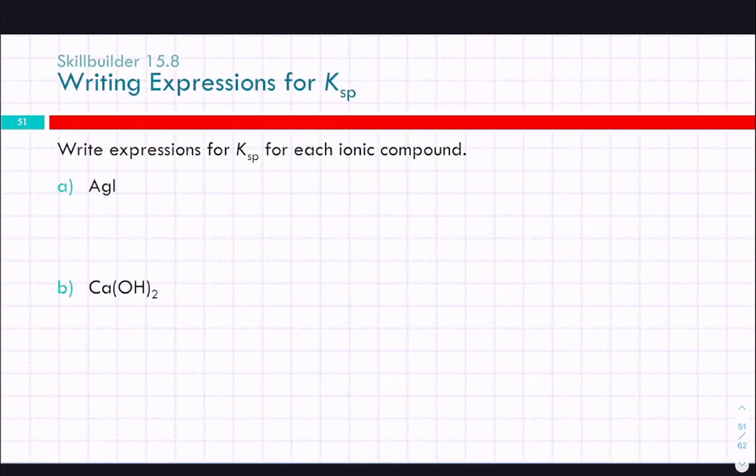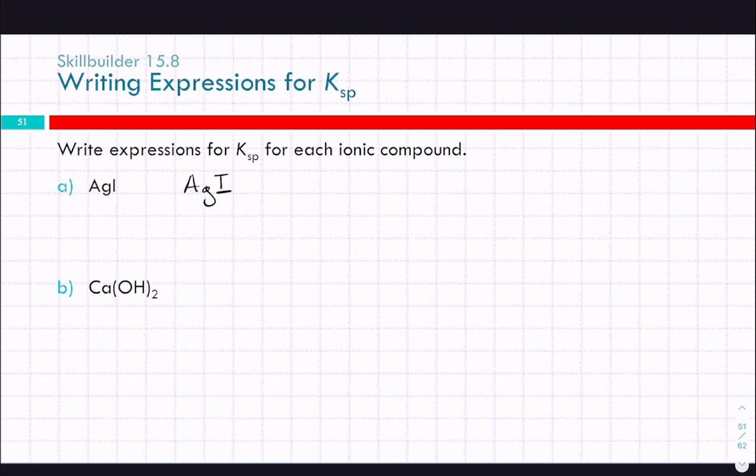If we want to write an equilibrium expression for these ionic compounds, or a solubility product constant, the first step would be to write out the ions that it's going to form when it dissolves. I'm going to make a reminder to myself to change the font so you can tell if it's a capital I or a lowercase l.